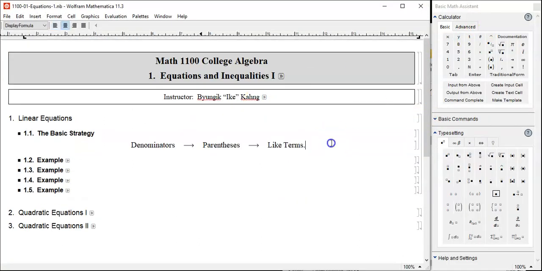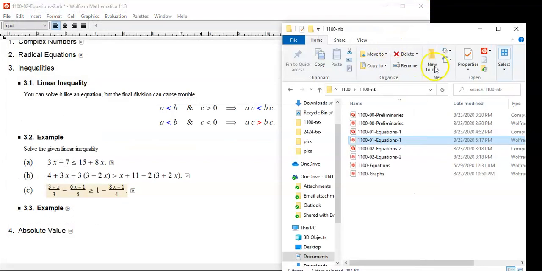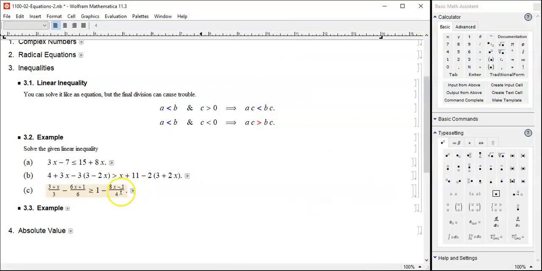Basic strategy: denominator, parentheses, like terms. It applies everywhere. Same thing there. So what do we do? Multiply by something to remove all the denominators and then remove parentheses, kind of like what we did before, and then take the like terms, and in the end you're going to get an inequality. I'll leave this problem completely to the students.